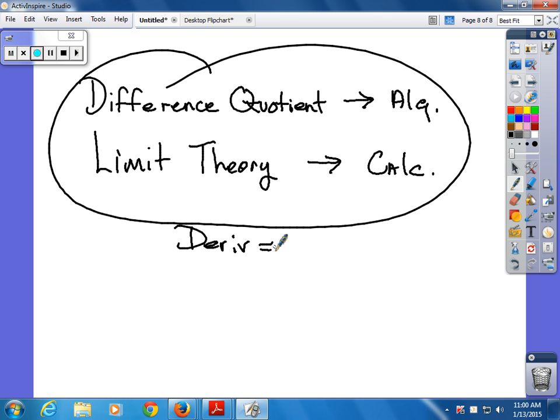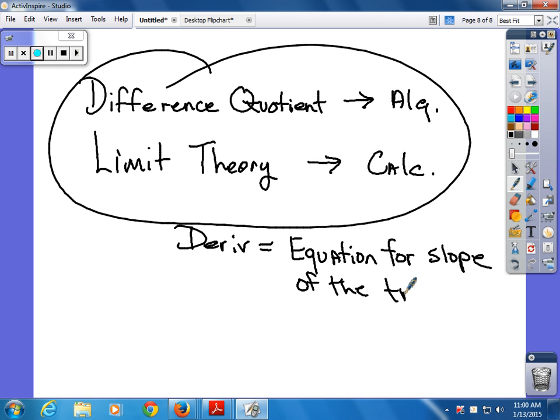And the derivative will give you the equation for the slope of the tangent line at any point on a curve. So you can either do it by algebra and calculus, or you can use the derivative rules.